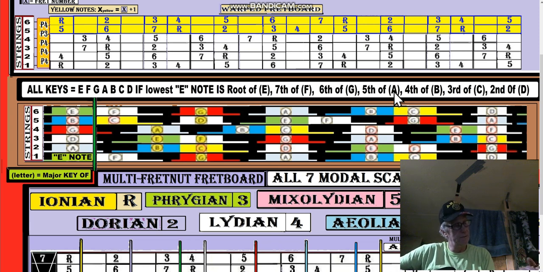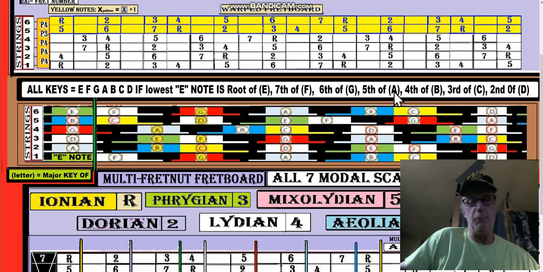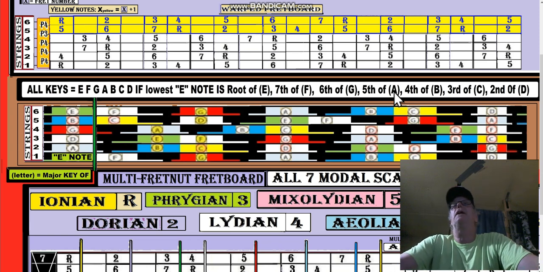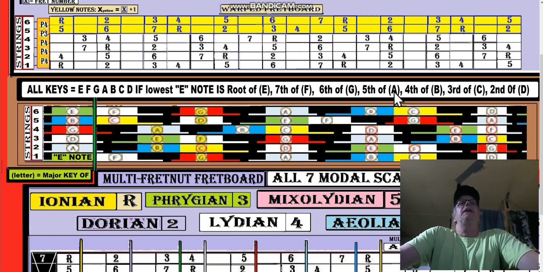The Beatles song. It's not Beatles, it's someone else. But we're not going to do those 5 keys like that. We're going to stay in the same key.